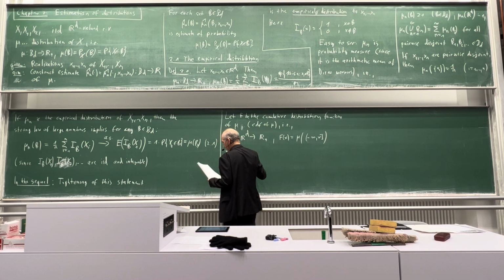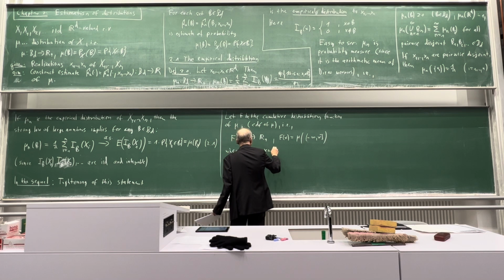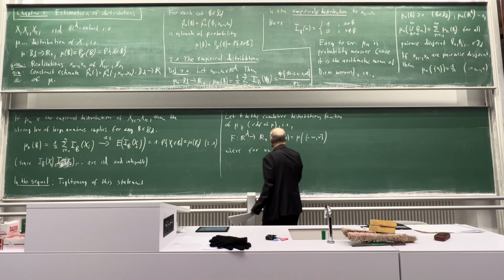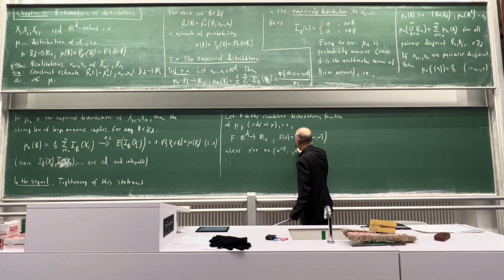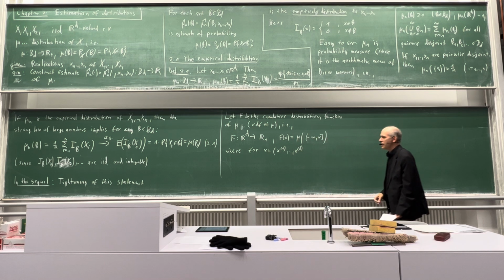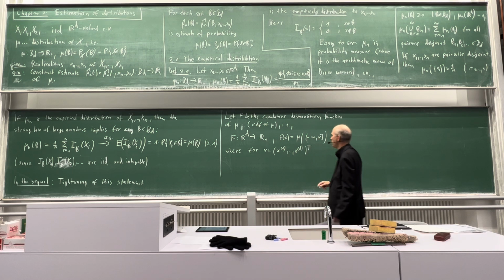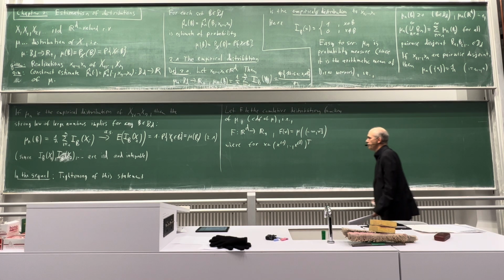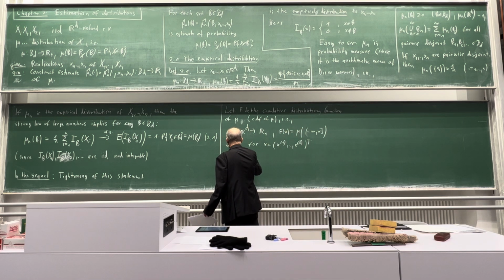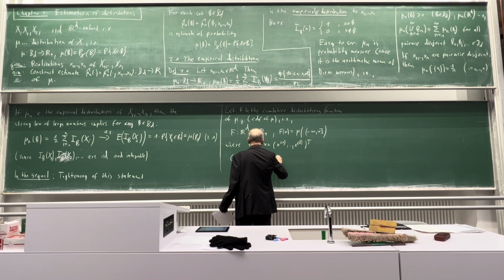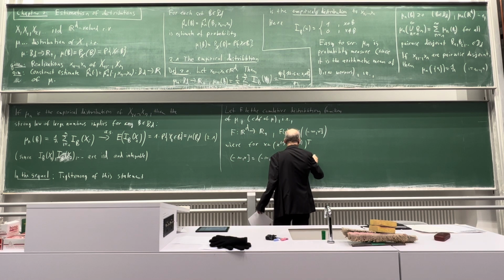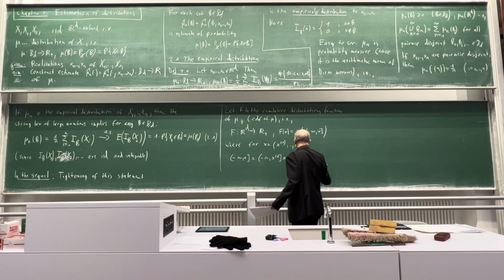So if I write the vector x as x^(1) to x^(d), with the upper indices in brackets, then minus infinity to x is minus infinity to x^(1) times, and so on, up to minus infinity to x^(d).